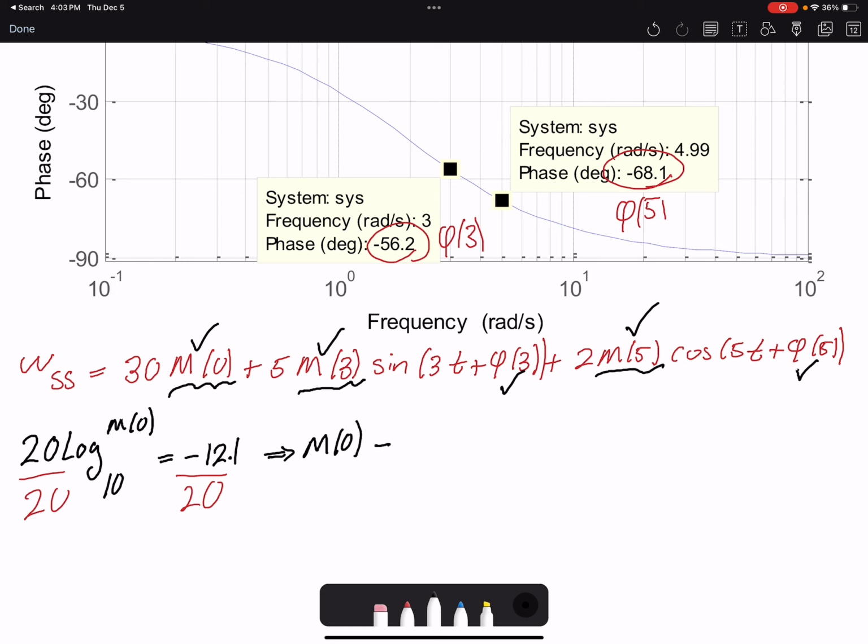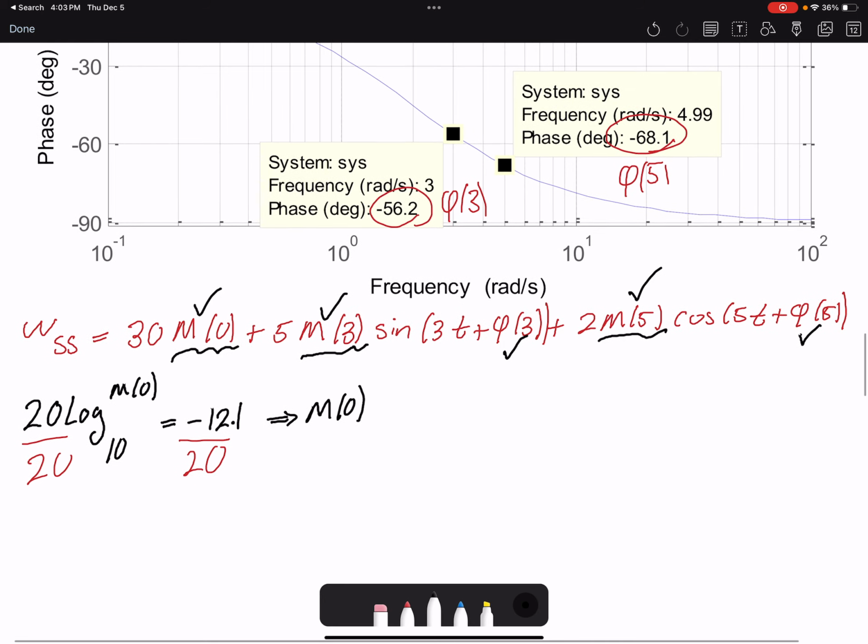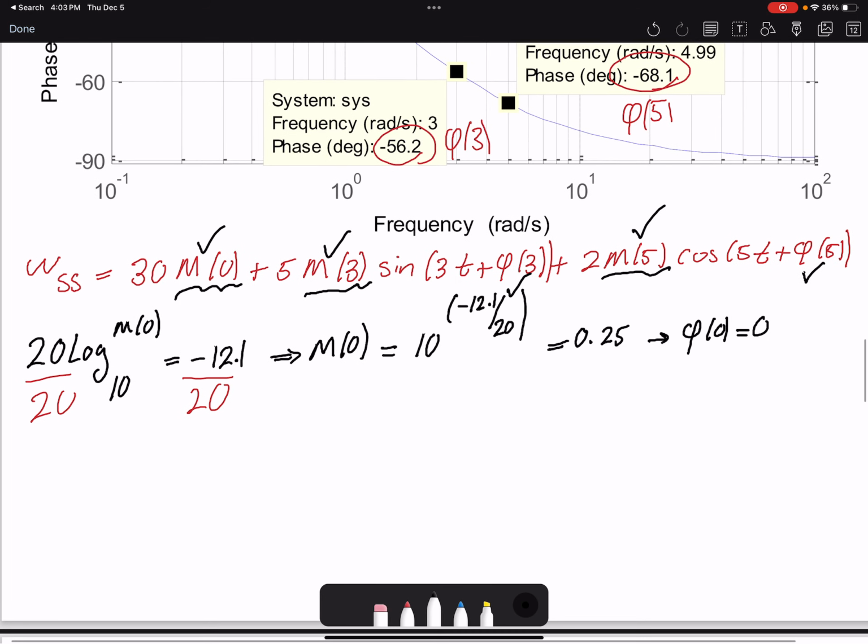So M0 would be 10 to the power of negative 12.1 over 20. And that value would be 0.25. For the phase, the Bode plot directly tells us the phase. We don't need to make any changes to that. And we can do the same thing for other values.